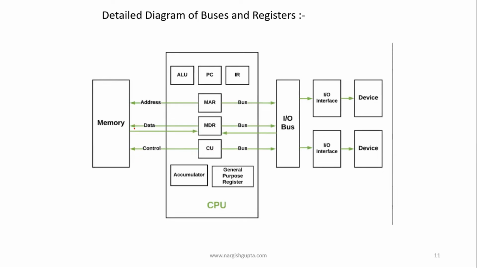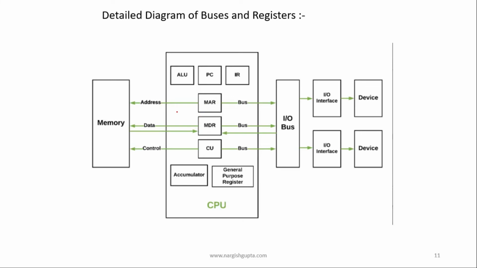When the data will be getting stored into the memory or getting fetched from the memory to the memory data register, that will be done with the help of the data bus. And whenever we need to tell the memory the address of which we want the data, we will tell the memory with the help of the address bus, which is connected to the memory address register.